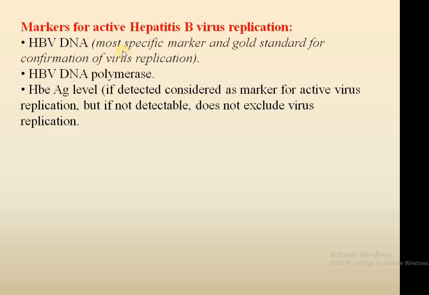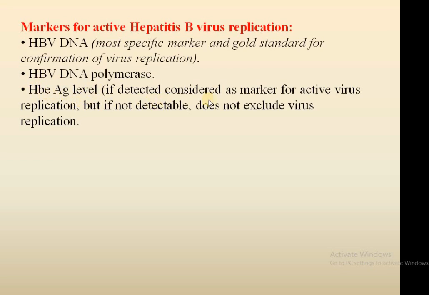Now, what are the markers for active hepatitis B virus replication? Remember this, the most important marker for the active state of hepatitis B with virus replication is HBV DNA, hepatitis B virus DNA, the most specific marker and a gold standard for confirmation of virus replication. If hepatitis B virus DNA is present, it indicates virus replication, followed by HBV DNA polymerase and HBeAg level.